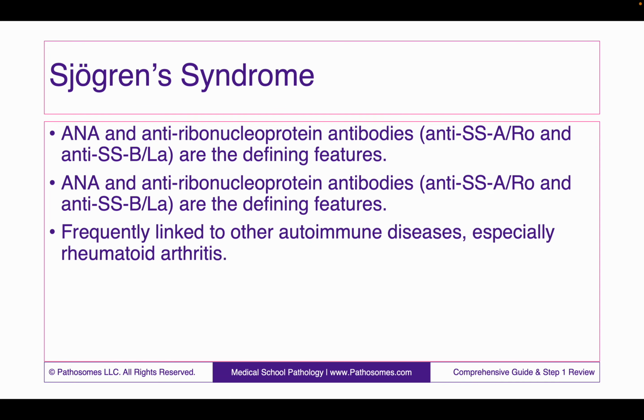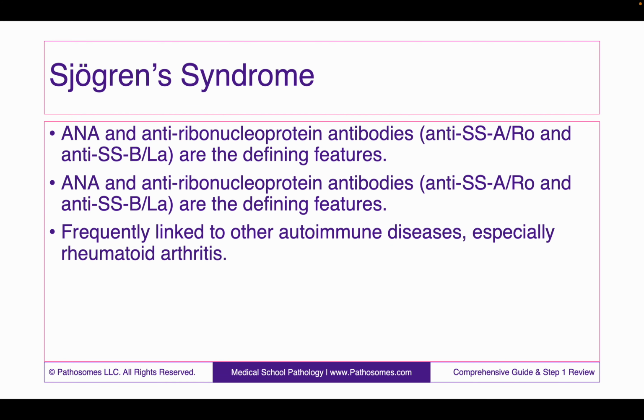ANA and anti-ribonucleoprotein antibodies like anti-SSA or Ro and anti-SSB or La are the defining features of antibodies for Sjögren syndrome, right? So you need those labs.